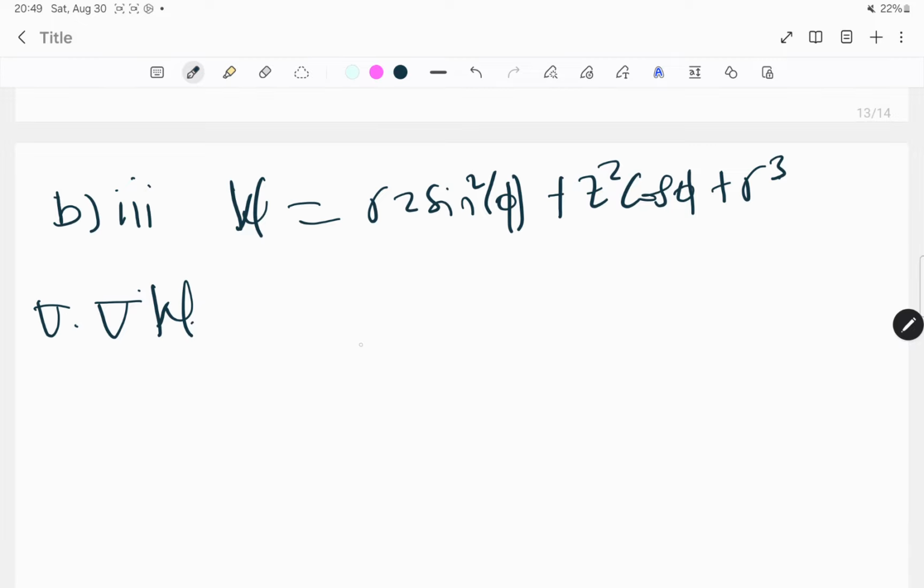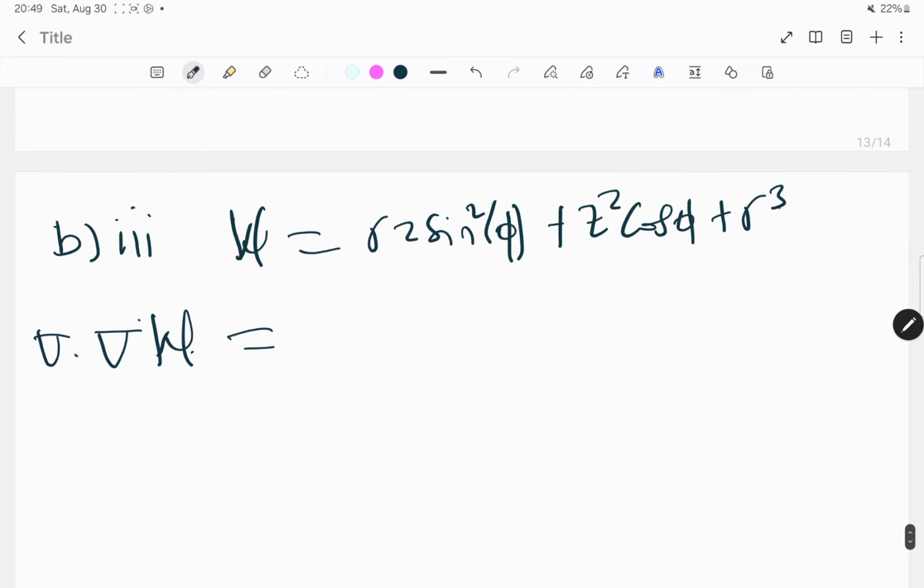If you look at our scalar function, it's being expressed in the cylindrical coordinate system, because we have R, phi, and Z. So we have to write the Laplacian formula for the cylindrical coordinate system. How do we go about doing it?